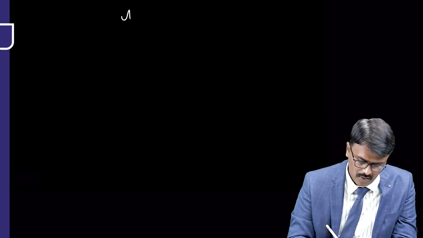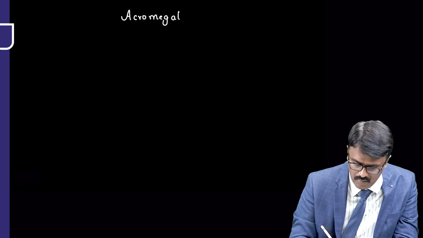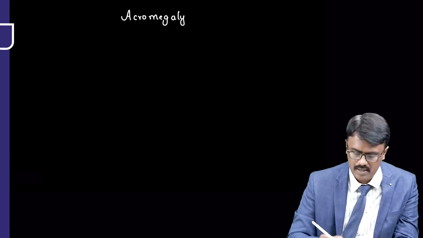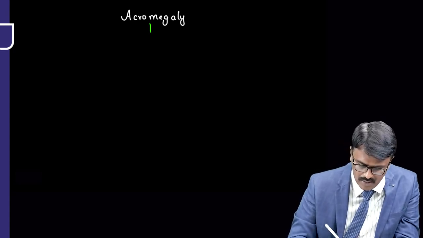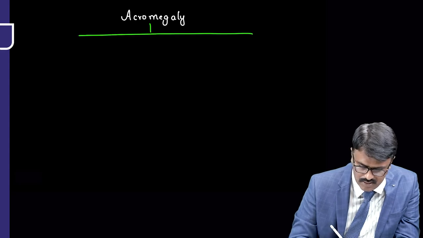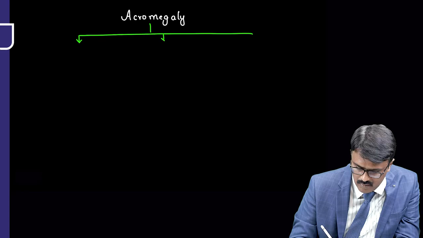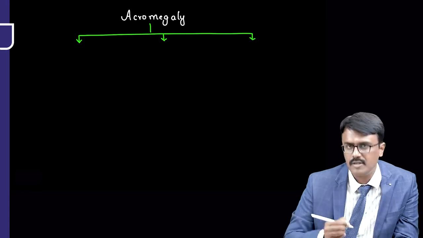Moving on to another important growth hormone concept they will ask in the exam: the drugs used for managing acromegaly. So this is very commonly asked, what are the drugs we use to manage acromegaly? Now you know that acromegaly is a condition where the growth hormone is in excess. What are the therapies we have for that?